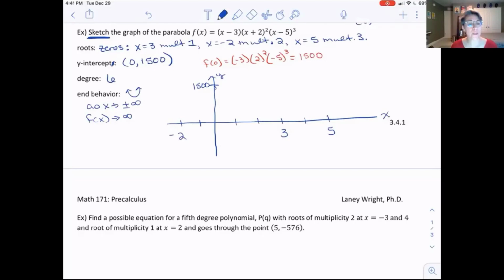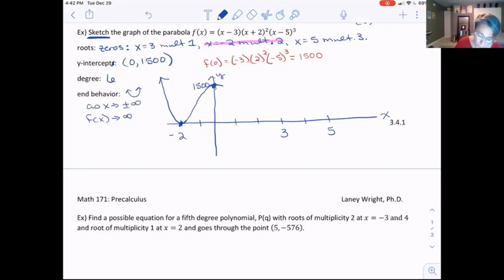So as we're going to this first 0, x equals -2 with a multiplicity of 2. Remember, our multiplicity, if it's even, it's going to bounce. So we know we start upwards. We're going to bounce off of -2. We know it crosses the y at 1,500.